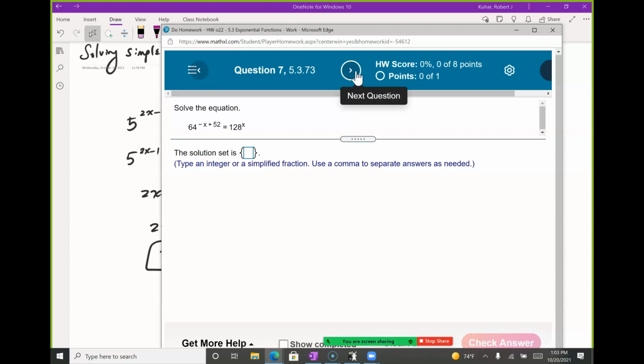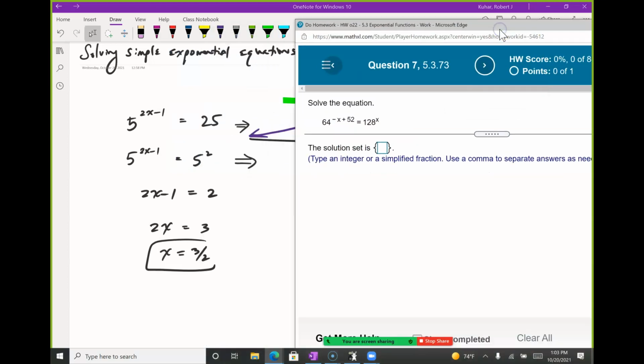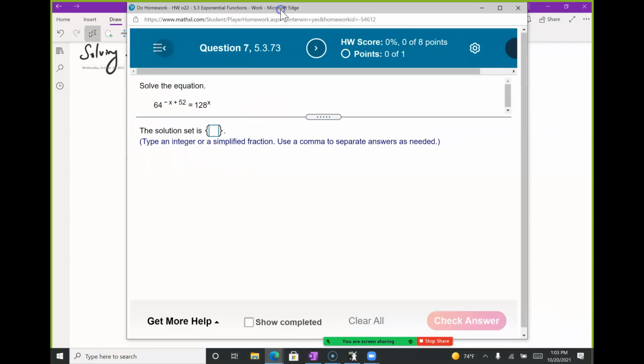So 64 to the negative x plus 52 equals 128 to the x. Actually, let me not do that one. Let me do this next one. No, that's good.